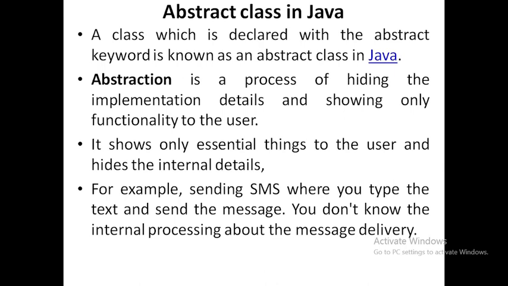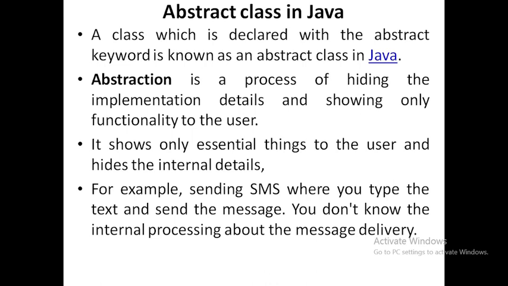A class which is declared with the abstract keyword is known as an abstract class in Java. Abstraction is a process of hiding the implementation details and showing only functionality.